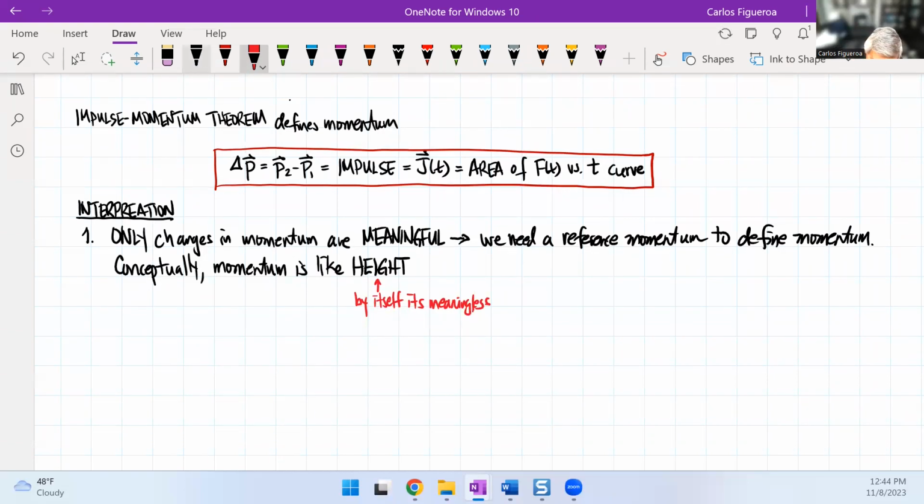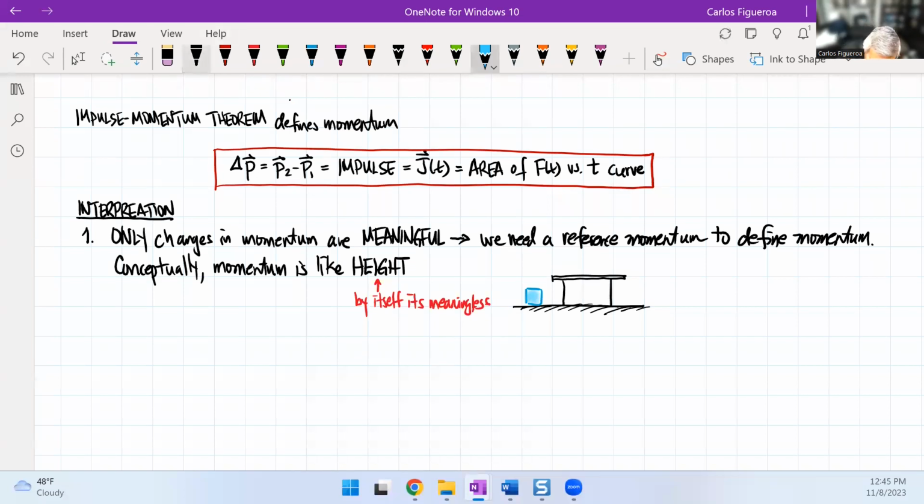Well, let's imagine that we have a table here. And what we're going to do here is that we have a box. So let's say that I have this box right here. We're going to lift this box up some height.